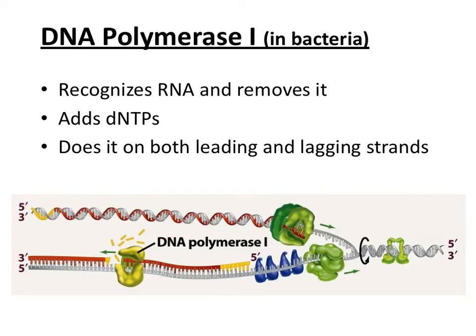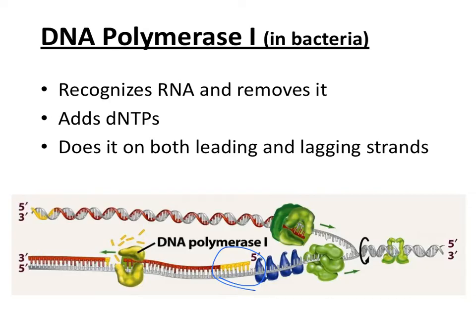But remember, at each fragment there's going to be a primer, again shown here in yellow. But those are made out of RNA. Those are eventually going to have to be removed because you don't want RNA in the middle of your DNA molecule. So it recognizes the RNA, removes it, and adds DNA nucleotides in its place.